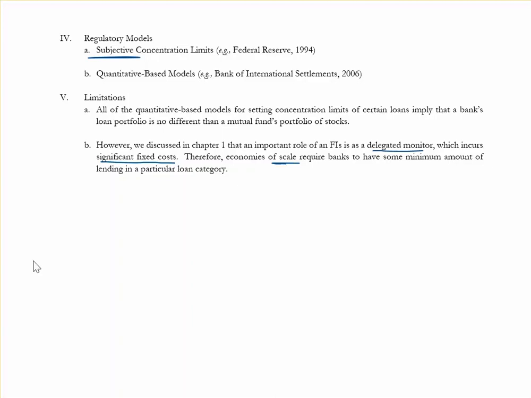If they're going to put in that amount of expense to screen and monitor loan applicants, then they should probably make a significant amount of lending in that area to make it worth all of the expense, because a bank can't be an expert in everything except for the very largest banks. So for a small bank, there's that consideration of scale and how practical it is to limit the concentration in one kind of borrower.